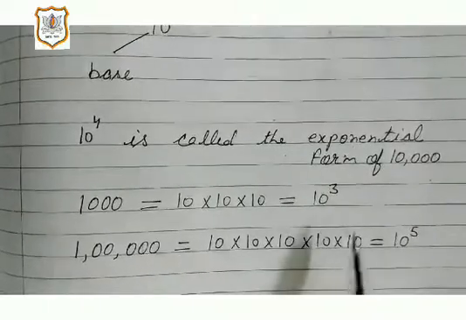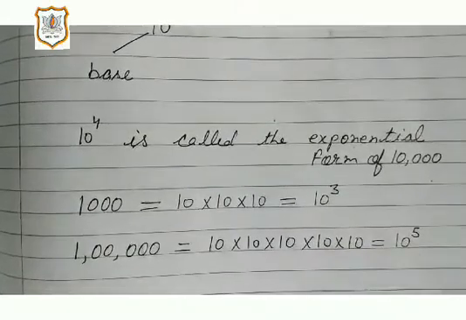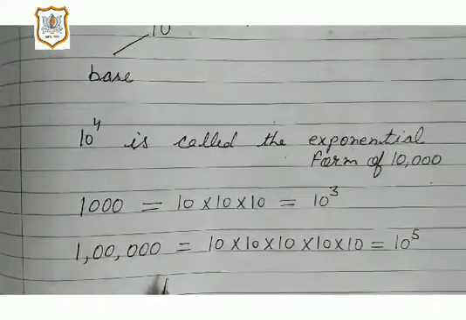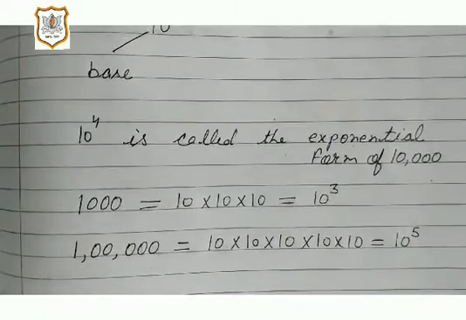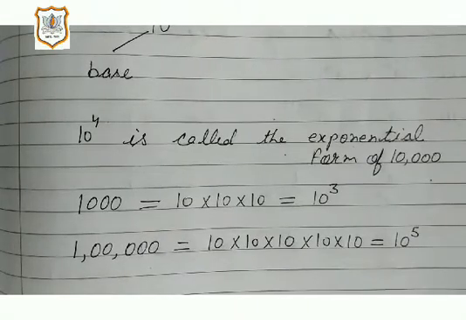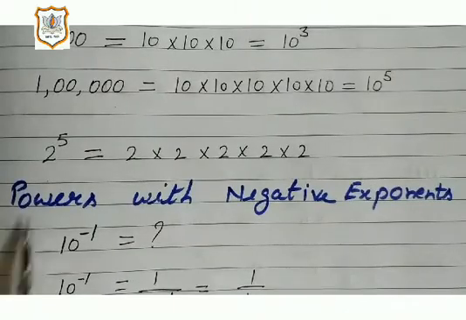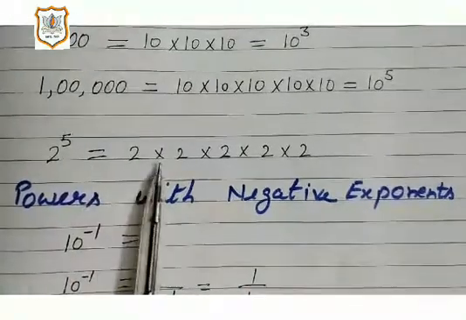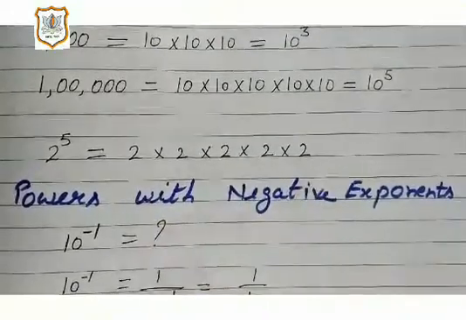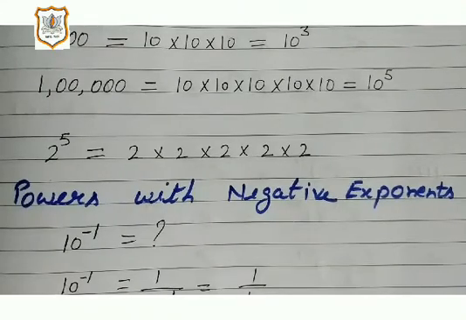So students, 10 raised to power 3 and 10 raised to power 5 are exponential forms of 1000 and 1 lakh. And 10 is the base and 3 and 5 are exponents. Similarly, we can write 2 raised to the power 5 is equal to 2 multiplied by 2 multiplied by 2 multiplied by 2 multiplied by 2. Now we will study about powers with negative exponent.